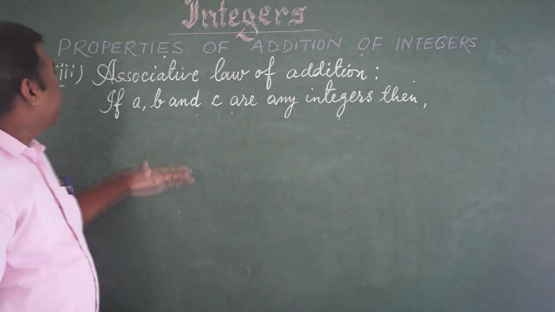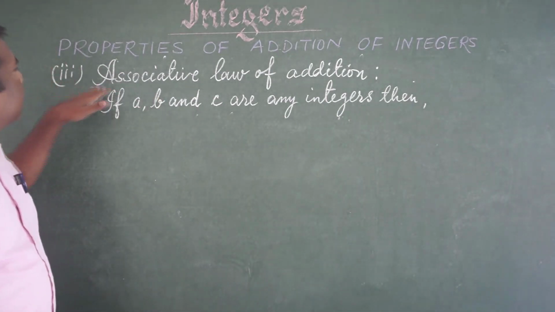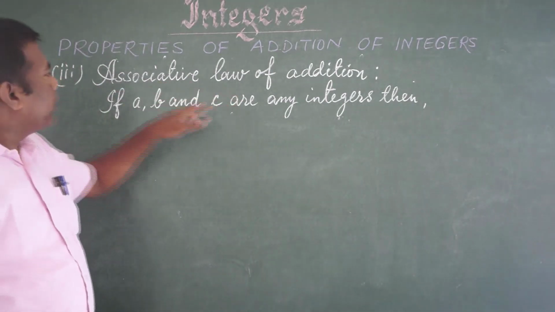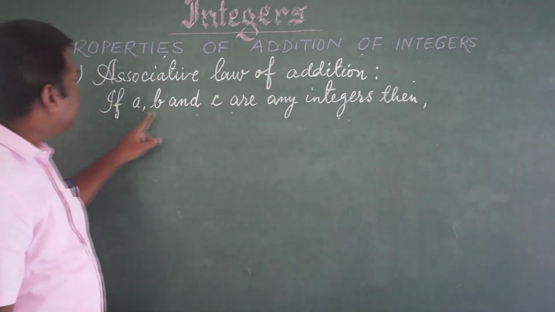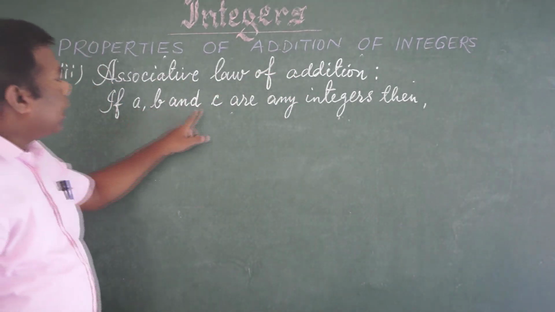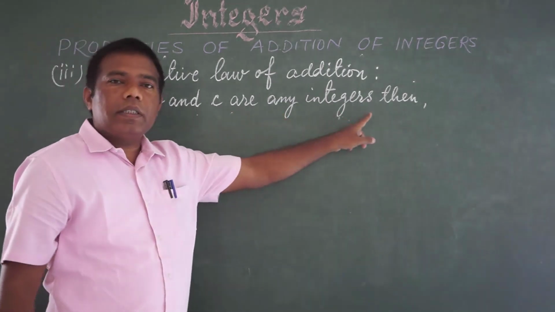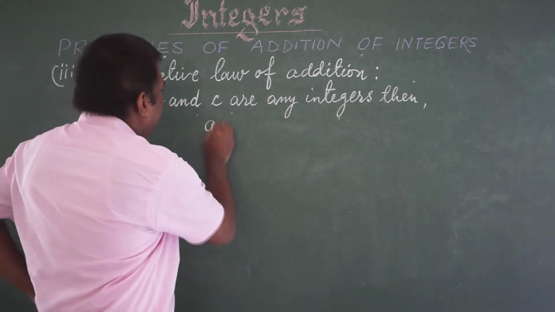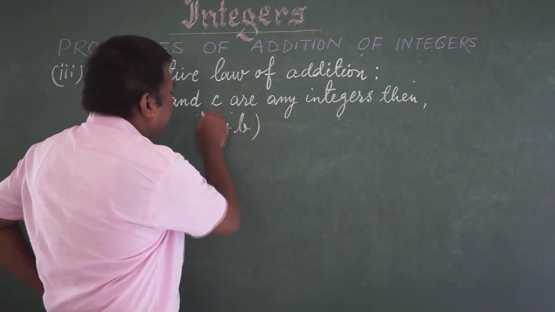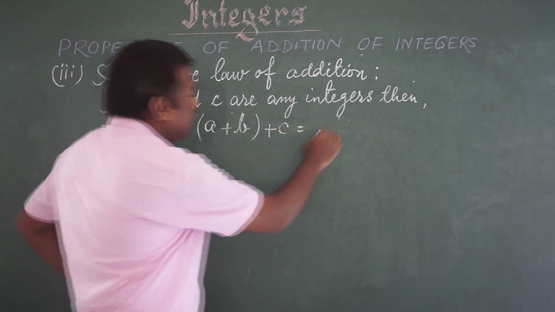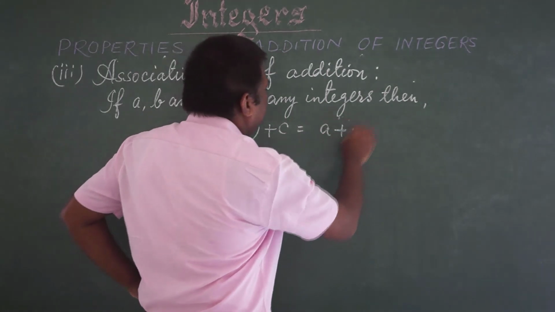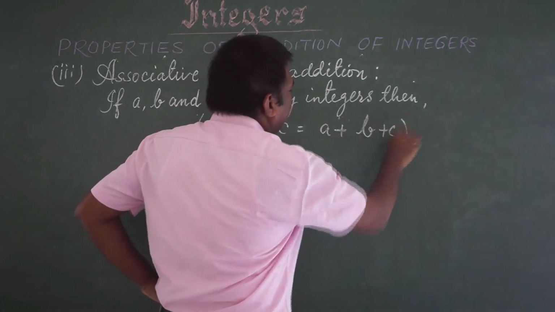Okay, here you see, this is our third property of addition of integers, the associative law of addition. What it says is, if a, b and c are any integers, then (a plus b) plus c can be written as a plus (b plus c).